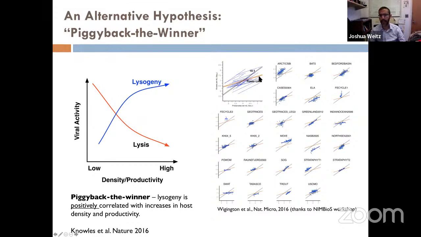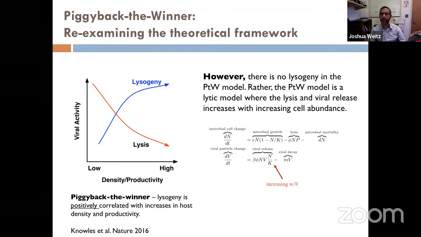on the abundance side. But the challenge is whether or not this idea is enough to explain that pattern, meaning it's one thing to have the model explain the pattern, but the question, is it unique? Can many models explain that same pattern? In the piggyback the winner model, they used, again, a system of nonlinear differential equations of microbes and viruses, but notably no lysogens.